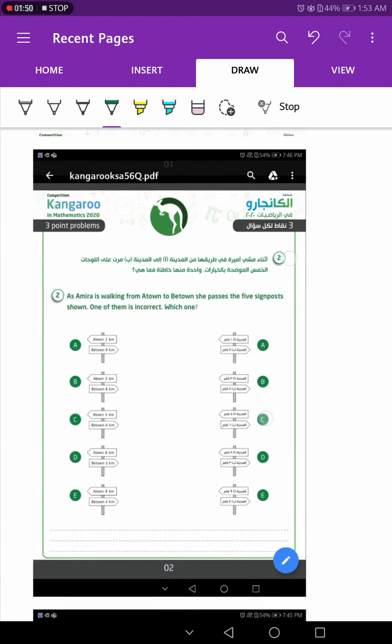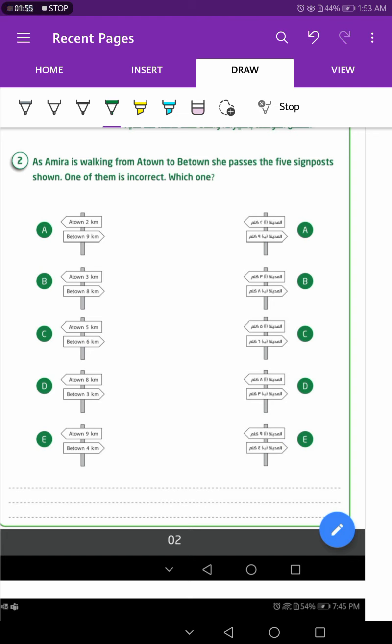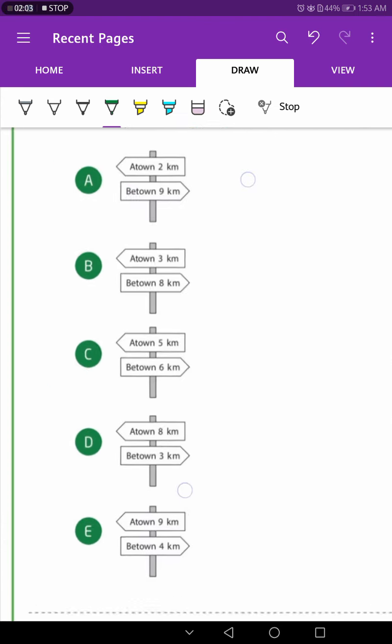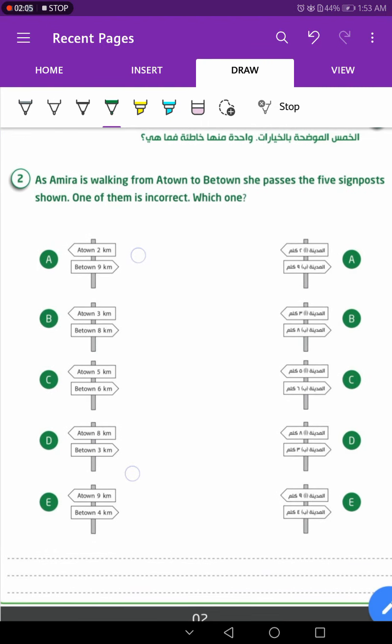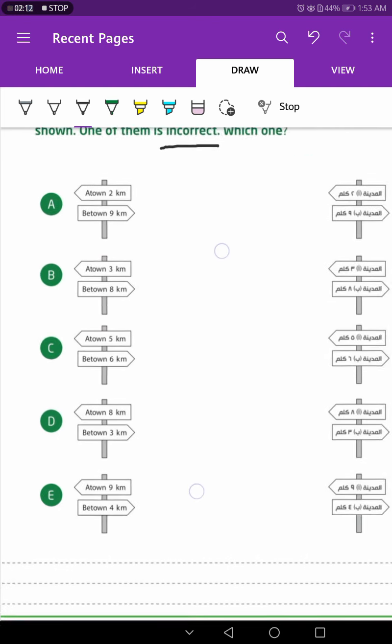Now let us move to this question. As Amira is walking from town A to town B, she passes 5 signposts. One of them is incorrect.